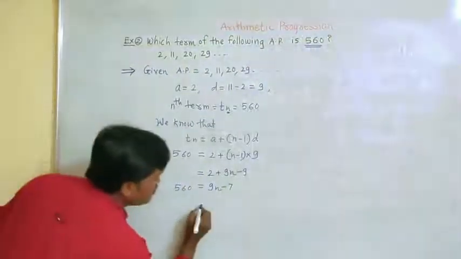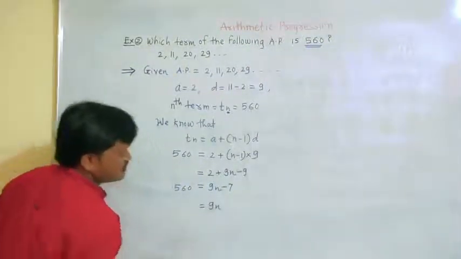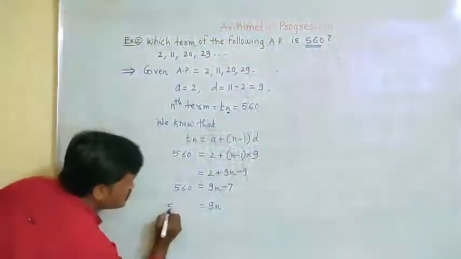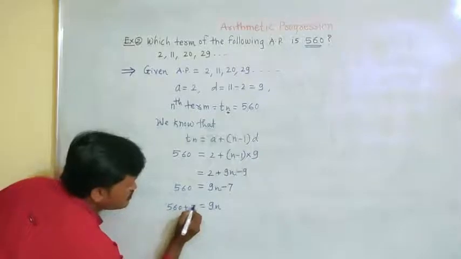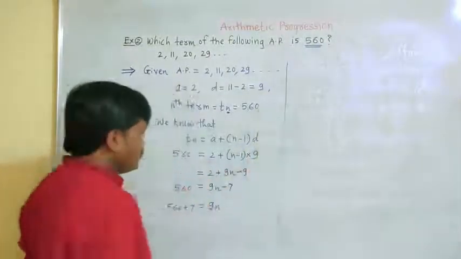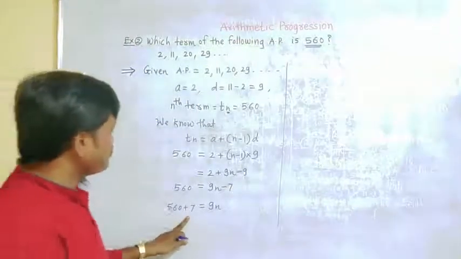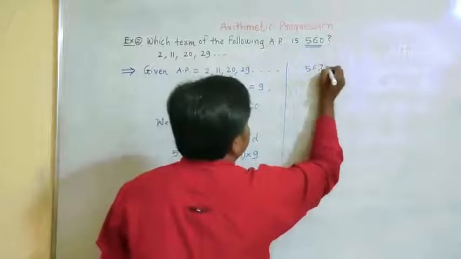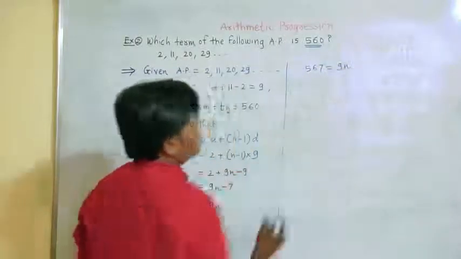For getting the value of 9n, this minus 7 goes to this side and becomes plus, so 560 plus 7 is 567 is equal to 9n.